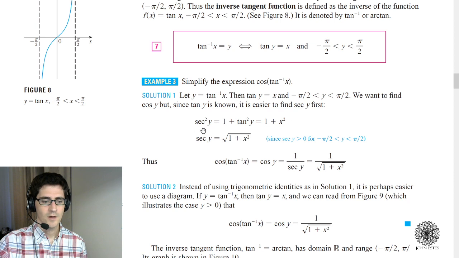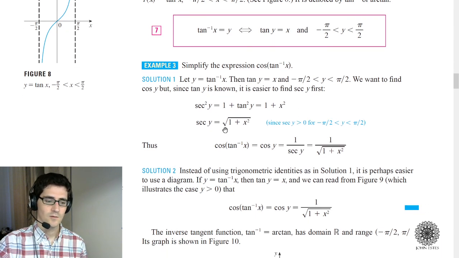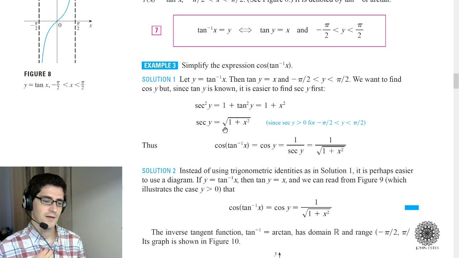I know secant y can be related to tangent y through the Pythagorean identity. Secant squared theta equals 1 plus tangent squared theta. So here secant squared y equals 1 plus tangent squared y. And now I'm going to replace tangent y with x, because remember tangent y is x. So secant squared is actually 1 plus x squared. So then secant y is the square root of 1 plus x squared.